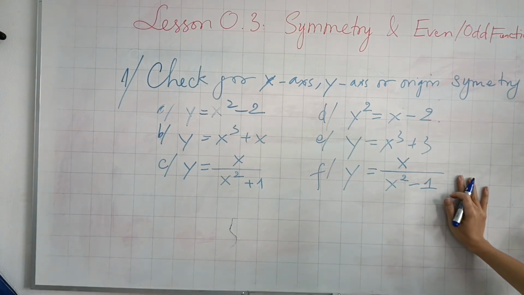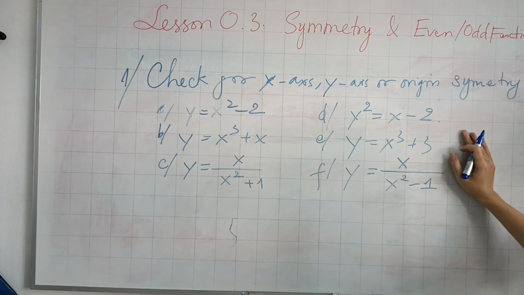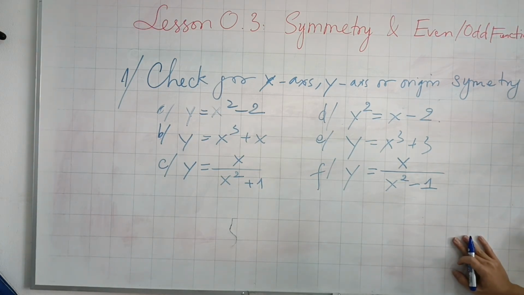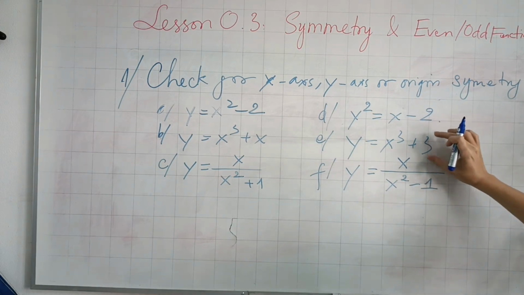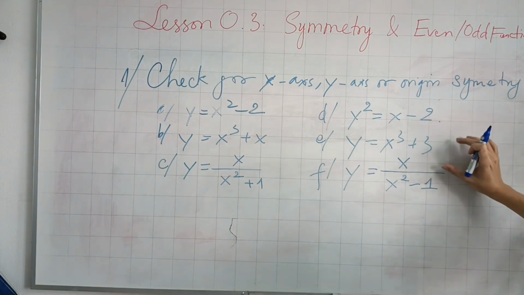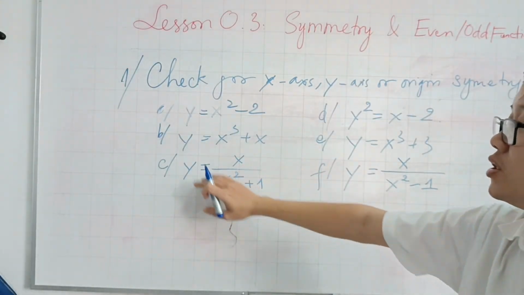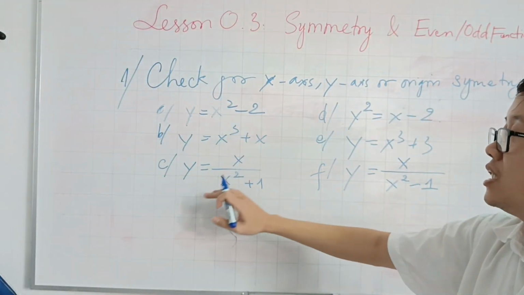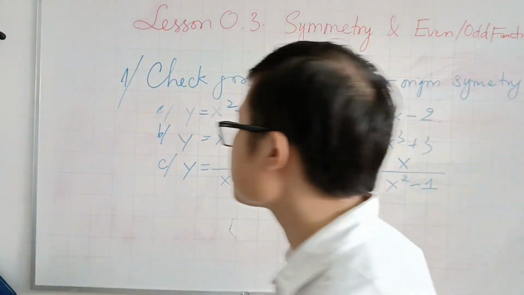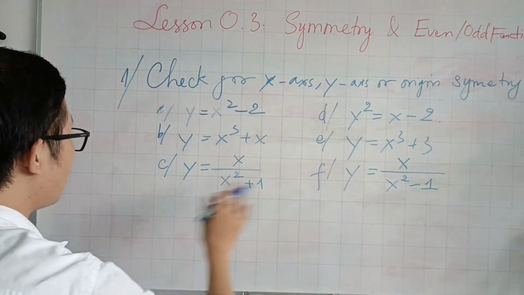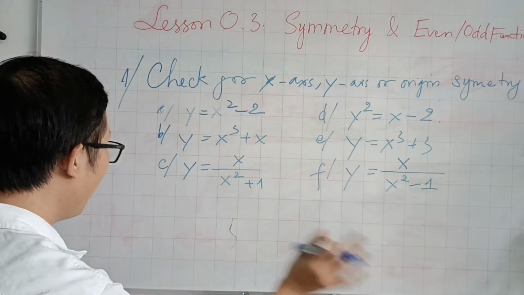Be careful to write down the exercise in your notebook because there is a small difference between questions A, D, B, E, and C and F. Okay, this is the first question I give you to do at home.